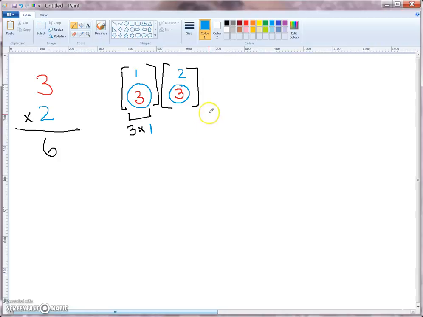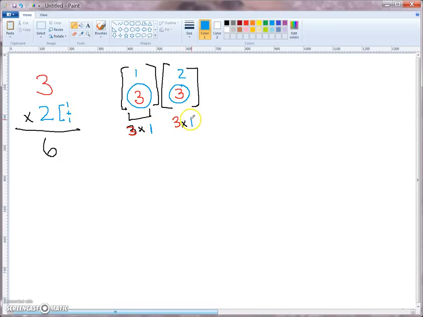Let's change this color too. Okay, so 3 times 1. So notice that I broke 2 down into 1 plus 1.